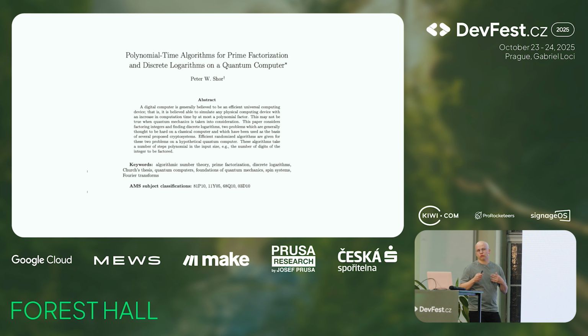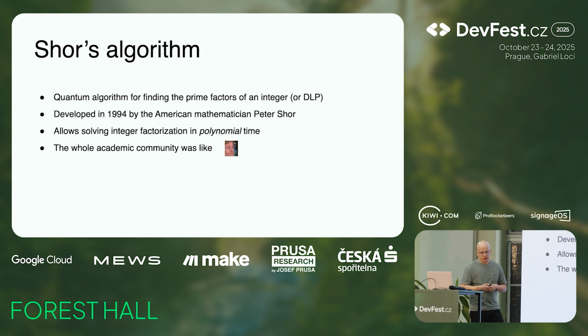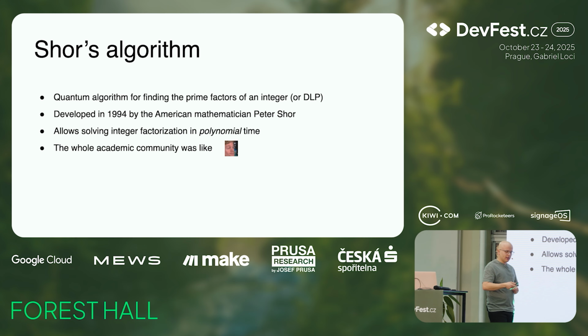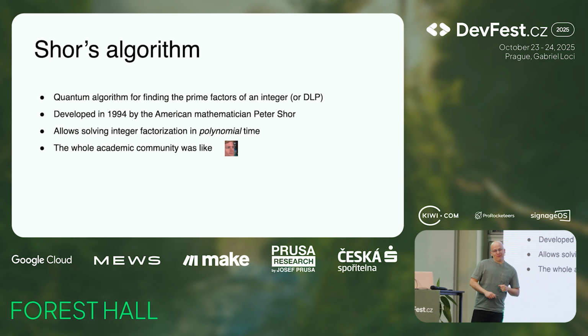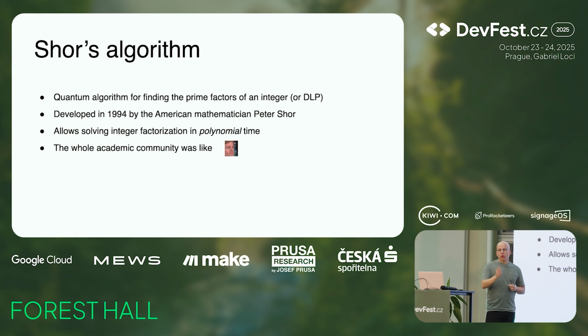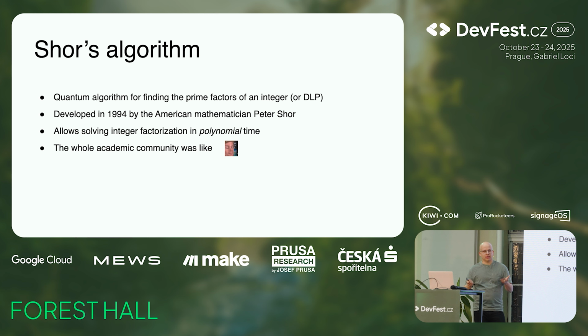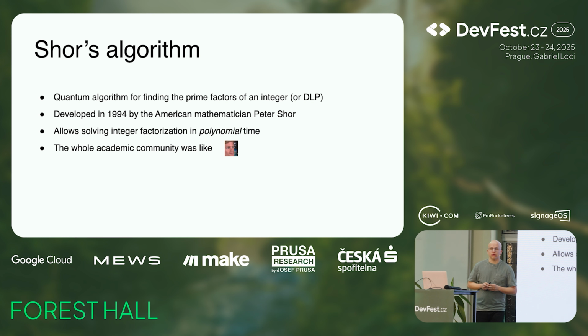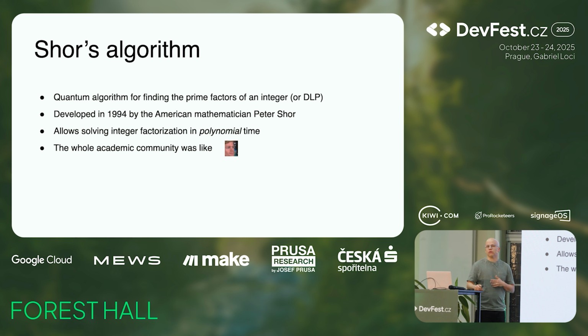The correct word would be, it found a way to solve the problem in polynomial time instead of exponential time. So yes, already in 1994, which is kind of amazing, because at that time no one really knew whether quantum computers are a feasible thing. We kind of still don't know that, but there are quite some advancements. And it was kind of amazing.